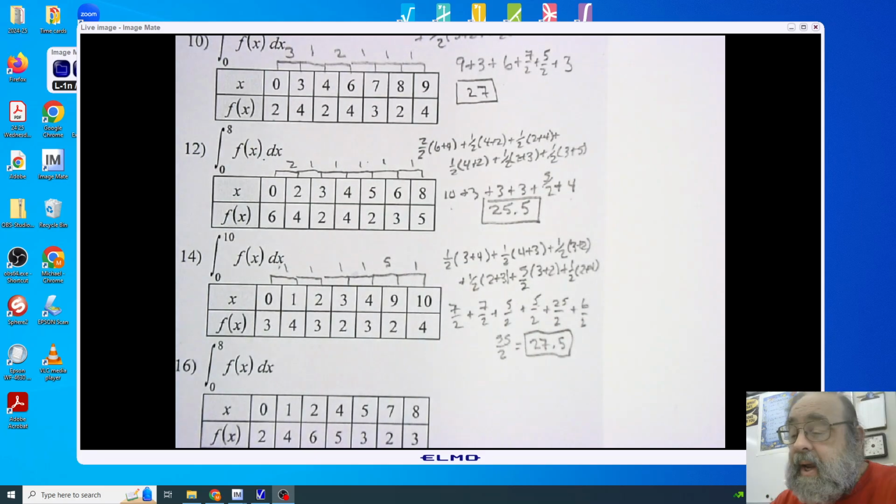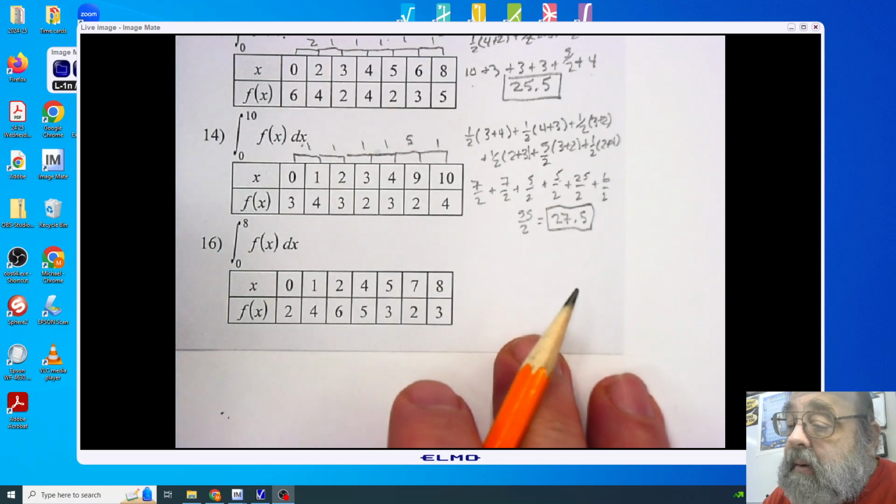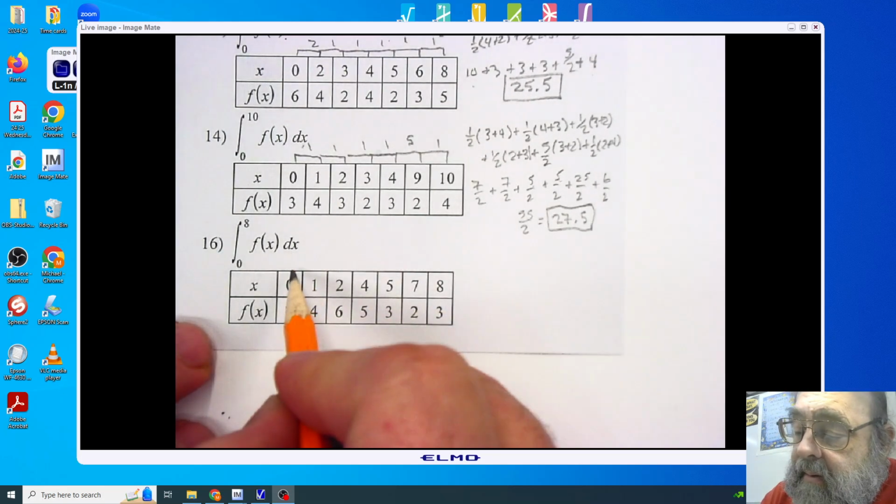Finally, we're looking at number 16. Trapezoidal method.